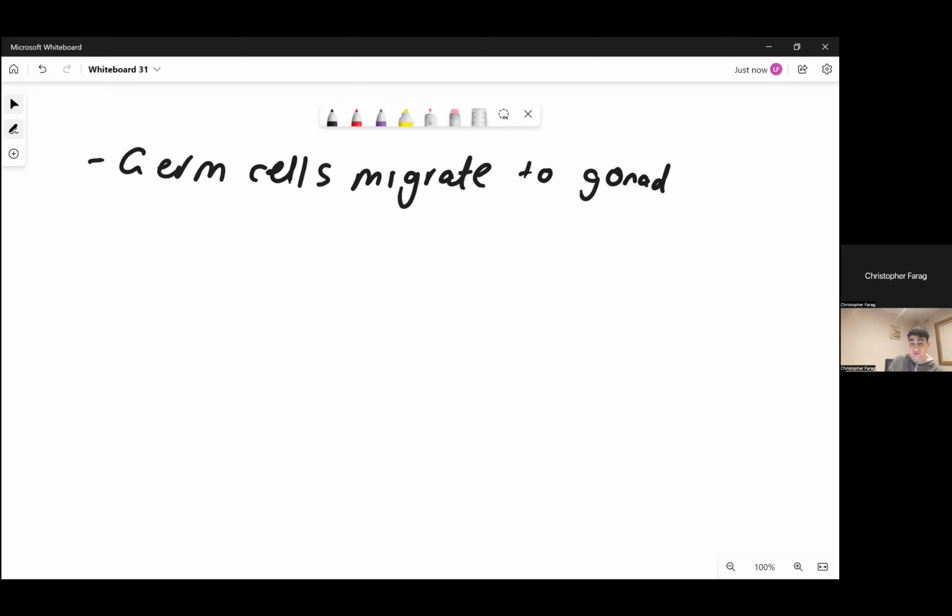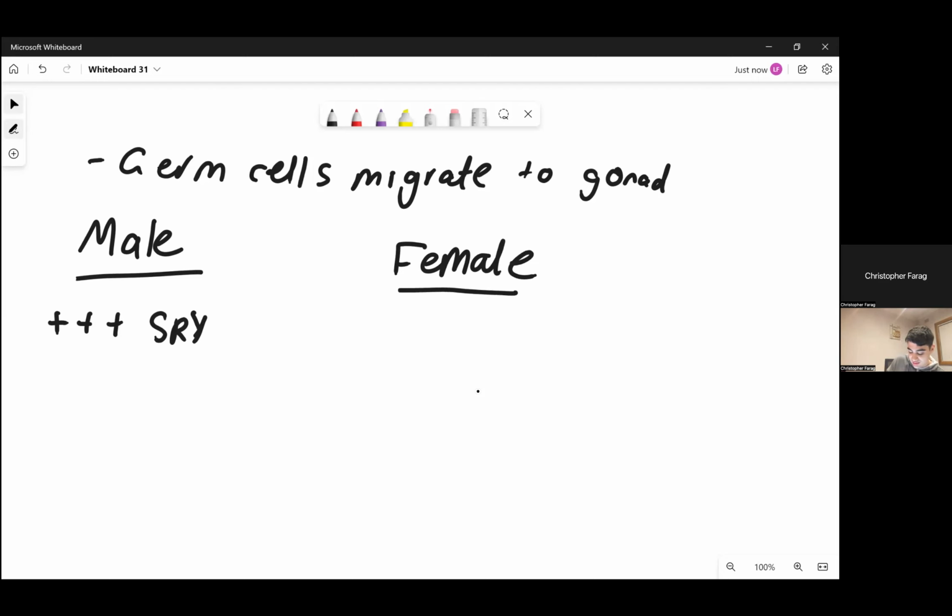Now, in a male, with high expression of sex-determining region Y, we're going to typically have testes development. Whereas in a female, in the absence of SRY, we get an absence of testes development and we get ovarian development.